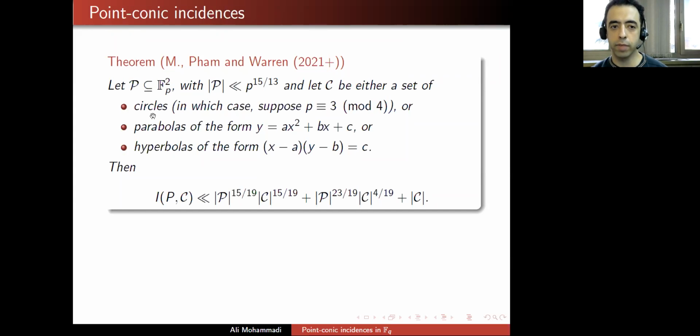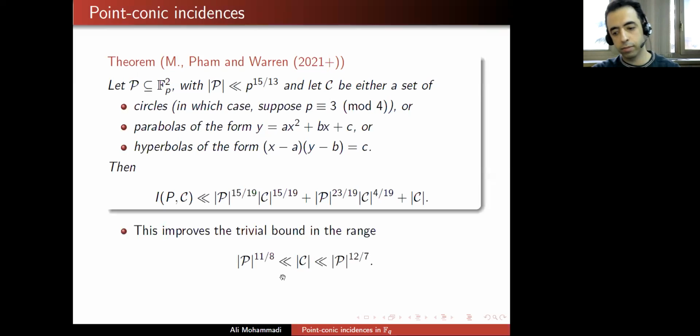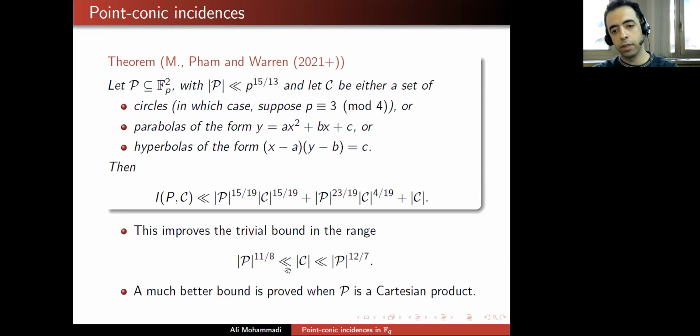And if you're talking circles, the method will require you to assume p is congruent to 3 mod 4, which we put just to not let -1 be a square. Again, this improves the trivial bounds in such a range. And again, we have better bounds if P is a Cartesian product.